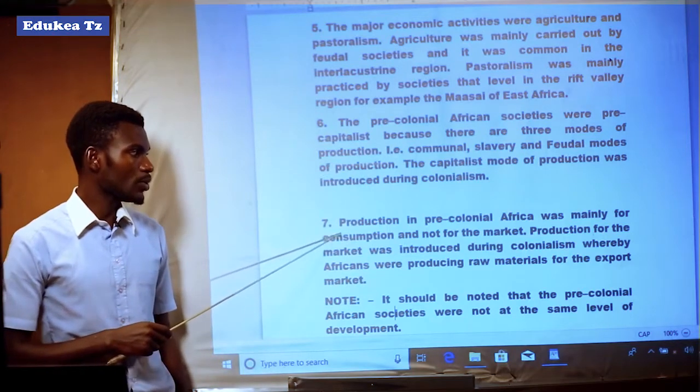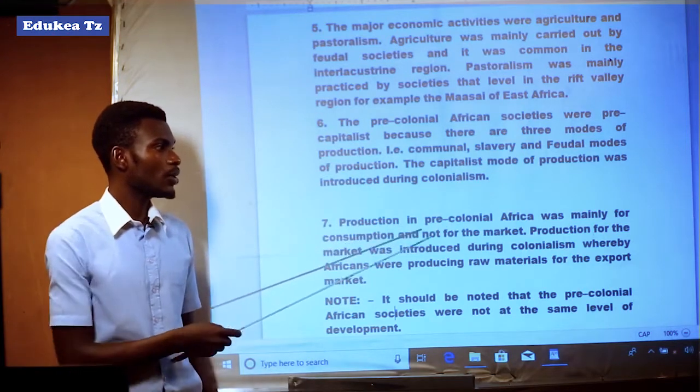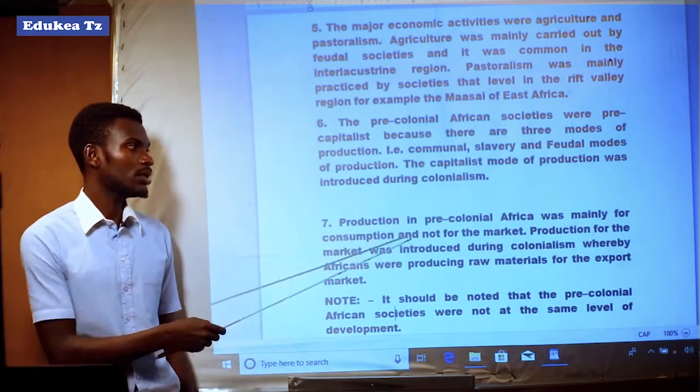And the last one was that production in pre-colonial Africa was mainly for consumption and not for the market.